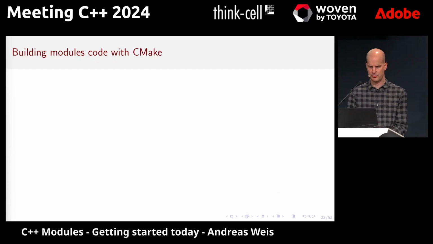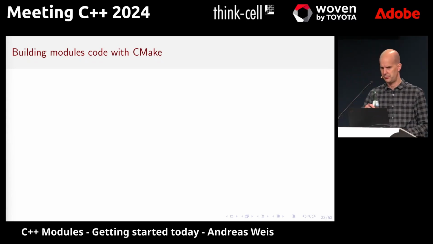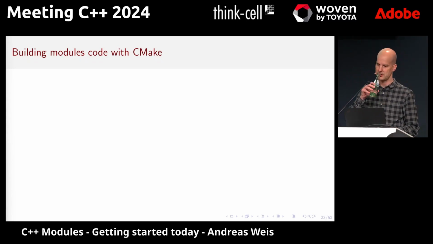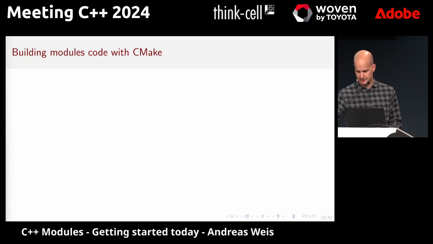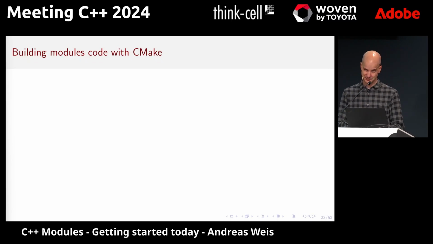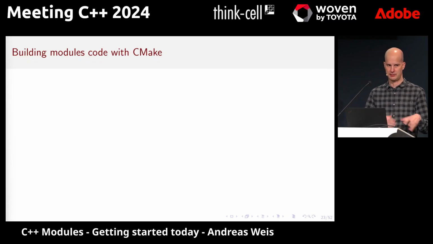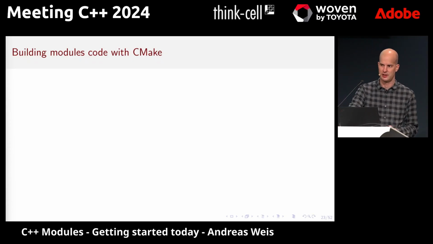Let's switch gears for a bit now, and let's actually talk a little bit about build systems and compilers. If you have been following along with modules for a while, then you probably know that compilers started having support for modules to some extent pretty early, but build systems have generally been lagging behind by a lot.